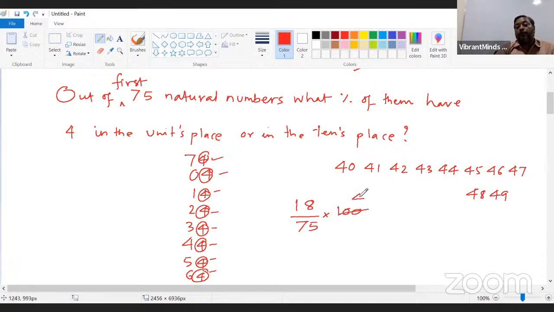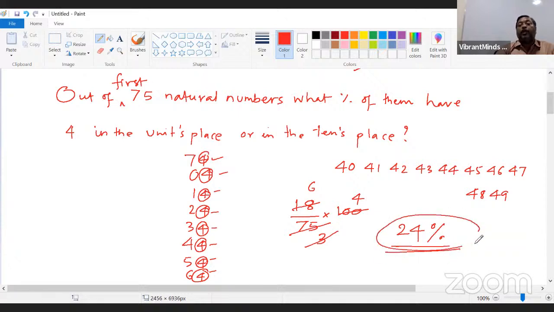So this is 25 4 ja, 25 3 ja, 3 6 ja, and we will get 24% of the numbers have 4 in the units place or 4 in the tens place. Is it clear, guys? Is it okay?